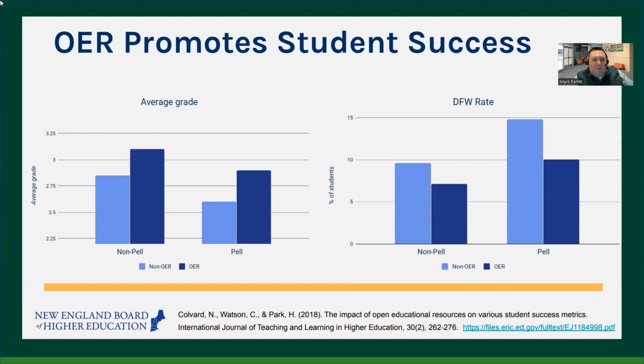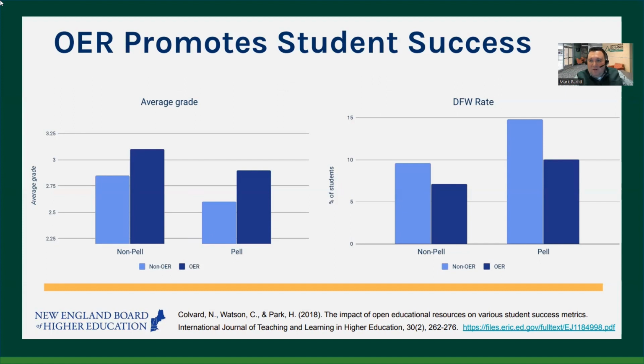You can see that Pell students typically have higher grades in OER classes, as well as non-Pell students. Basically in OER classes, students get higher grades overall, and that's because everybody has access to the book from day one.